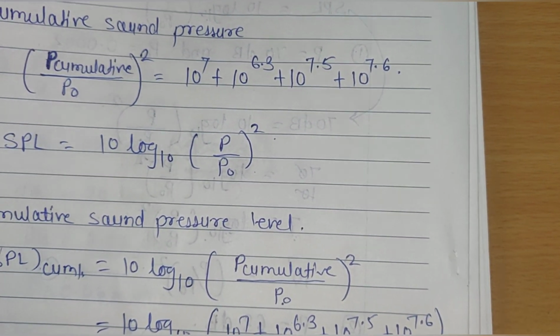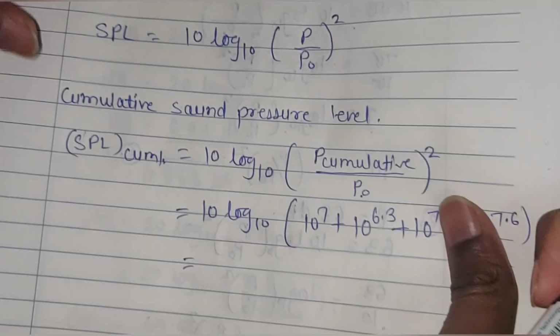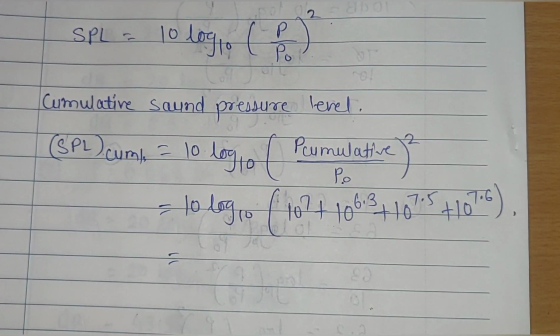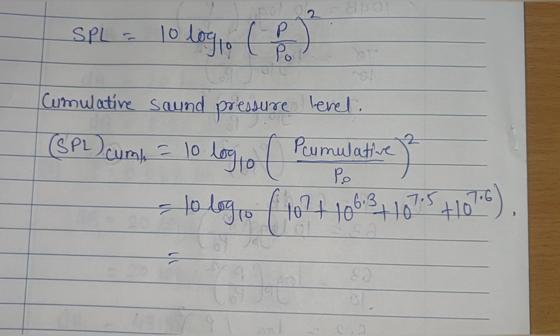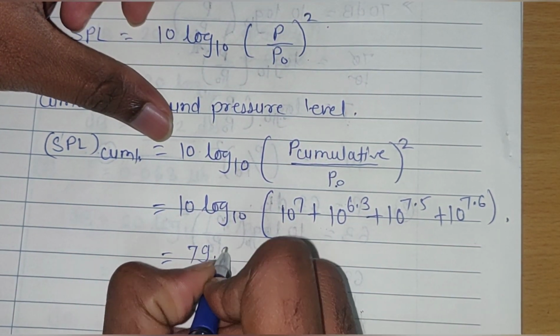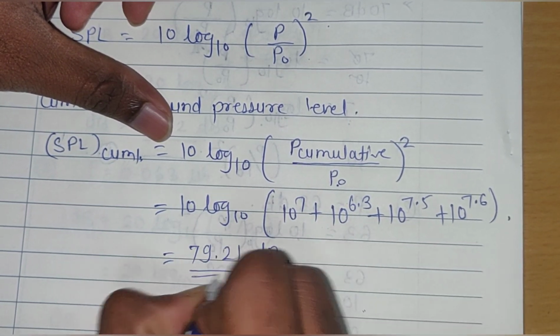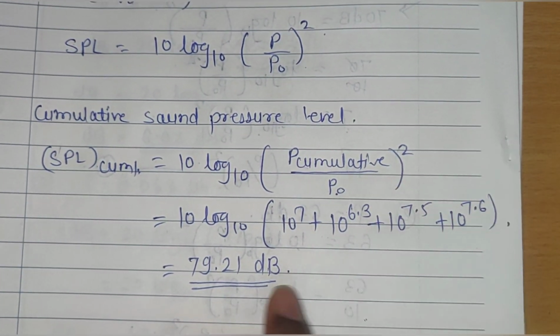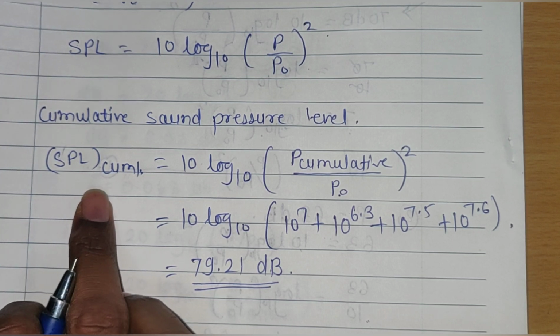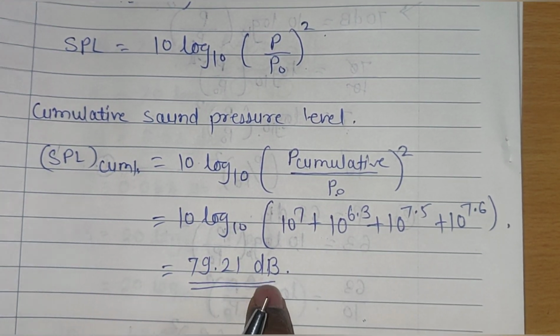After solving this, you will get the cumulative sound pressure level as 79.21 decibel. Here you can see that the cumulative sound pressure level comes as 79.21.